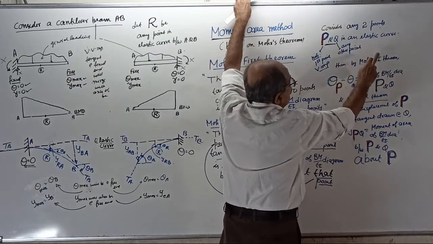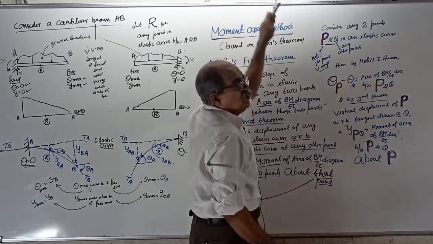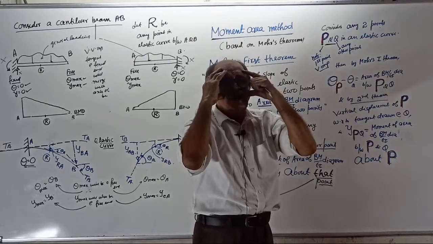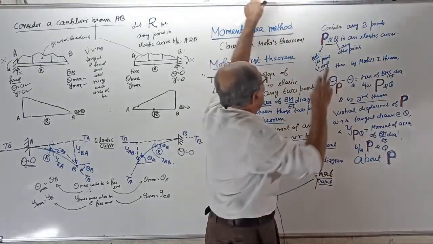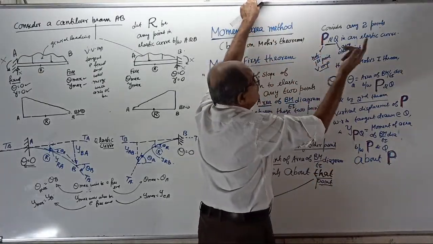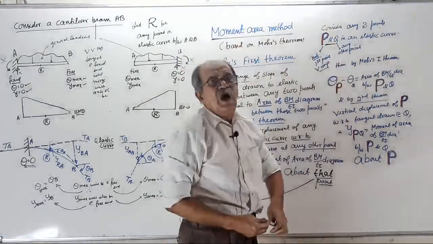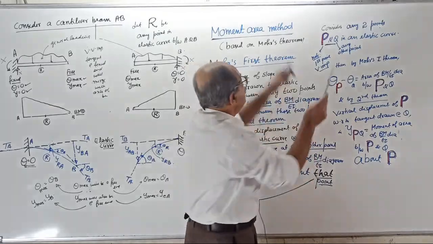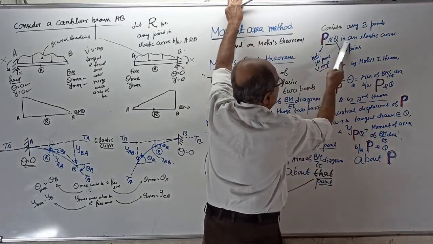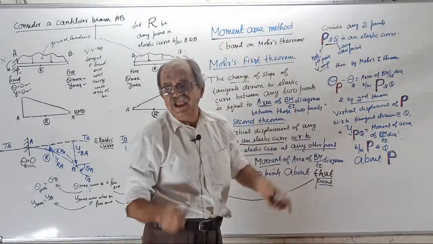Then, from Moore's first theorem, you can do one thing. You can close your eyes and write what? Slope at the first point minus slope at the second point equal to the area of the BM by EI diagram between those 2 points. Clear?